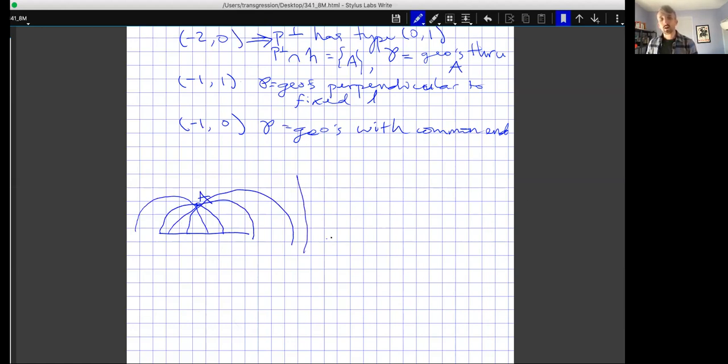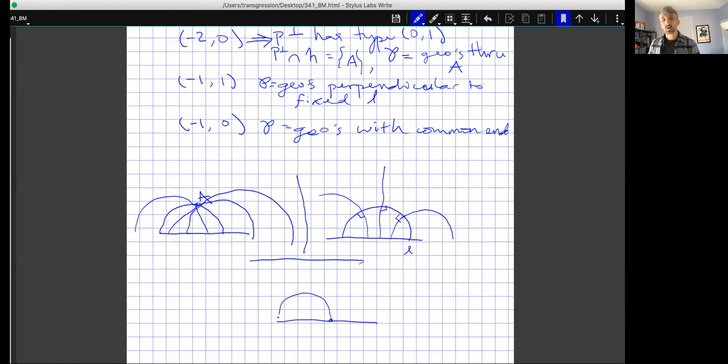Another case is that we've got some fixed geodesic L, right? And then we're going to look for all of the geodesics that are perpendicular to L, right? So here's another one that I can draw, and I can just keep going like that with all these things perpendicular to L. And then the last case is that I've got a common end.